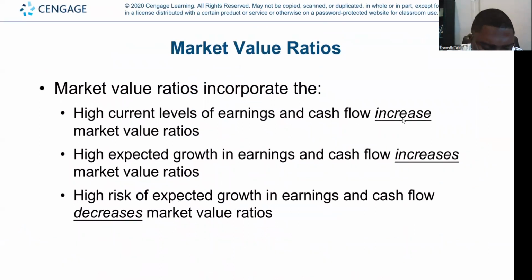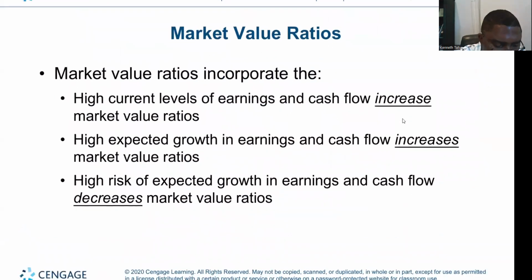So these market value ratios tend to relate the firm's stock price to its earnings, cash flow, and book value per share. They are actually a way to measure the value of the company's stock relative to that of other companies. We expect that companies with high current level of earnings and cash flow will improve the market value ratios.